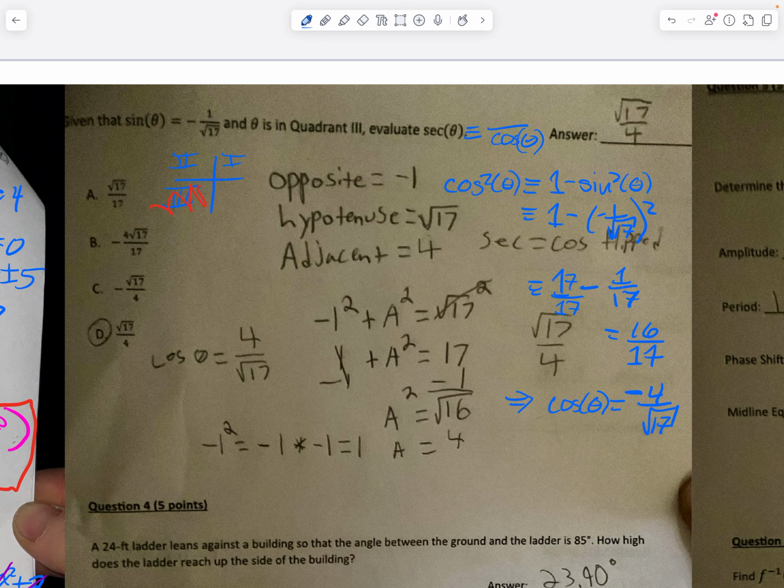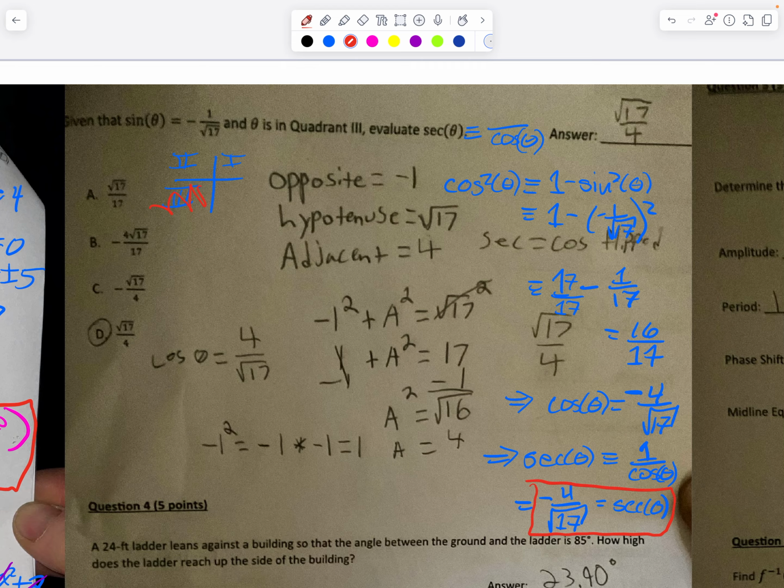All right, so if that's cosine, then secant, which is 1 over cosine, is negative 4 over the square root of 17. I'm going to say equals secant again so that I can put a nice box right here.